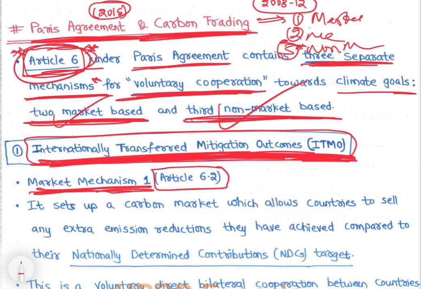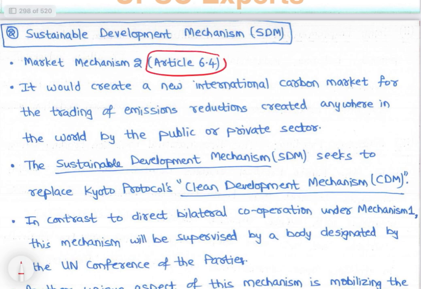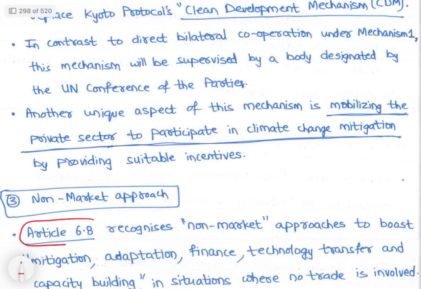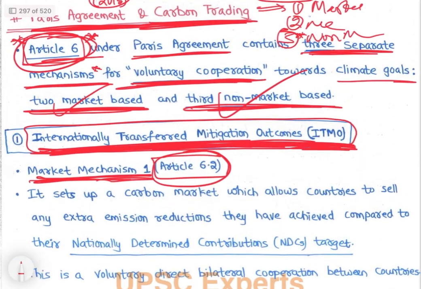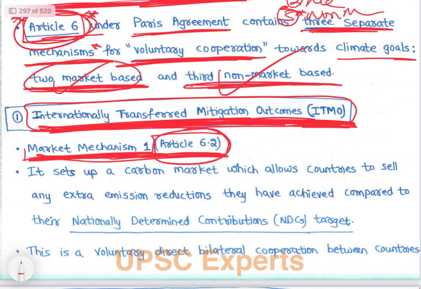See, Article 6, Article 6.2, and the second is Article 6.4, and it is Article 6.8. So under Article 6.2, market mechanism. We have discussed two market mechanisms. So this is the first one, that is a market mechanism, right?